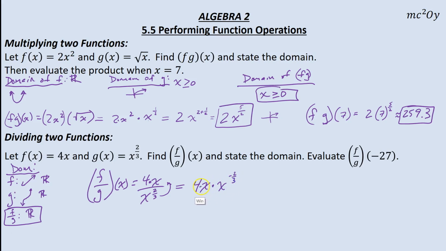Now we have our x's next to each other, and that's important because they're the same base. We just have a 4, and the base is x. When we have the same base, we add our exponents, and this one has an exponent of 1. So 1 minus 2/3 is positive 1/3. That gives us 4 times x to the 1/3 power.